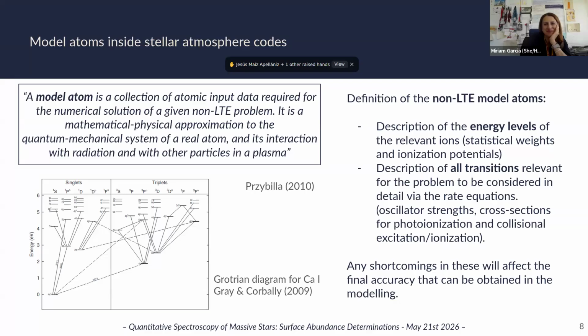Thank you. So maybe I can add that in addition to what Alba has said, you have to take into account all the details about the different transitions. We have to remember that this is a non-LTE problem. So if we have a transition that is not in the optical but is in the UV, we have to also consider what is happening in our stellar atmosphere, the line blanketing effects that we know from the previous talk.